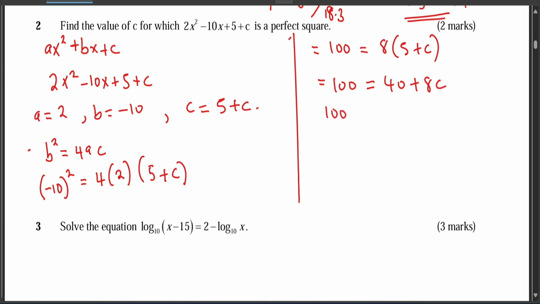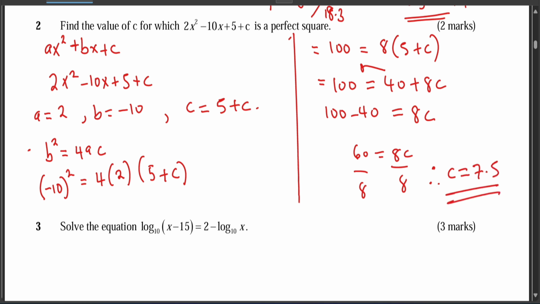Then subtract 40, you put the 40 on the other side, it becomes negative, so you remain with 8c. You get 60 equal to 8c. Then divide by 8, and you get your answer c to be 7.5.